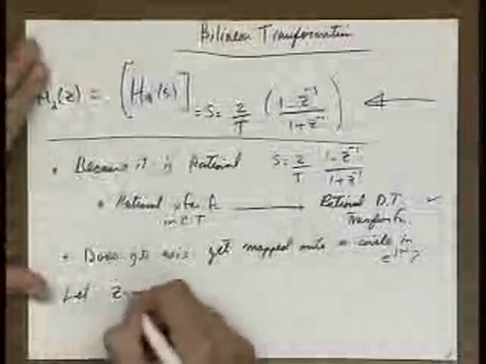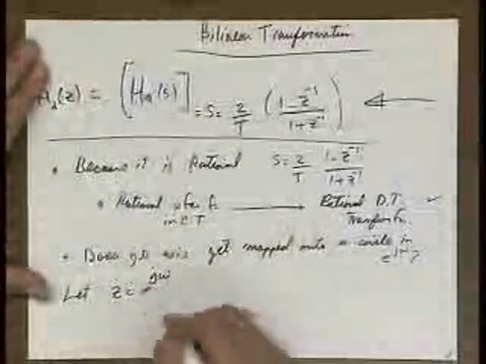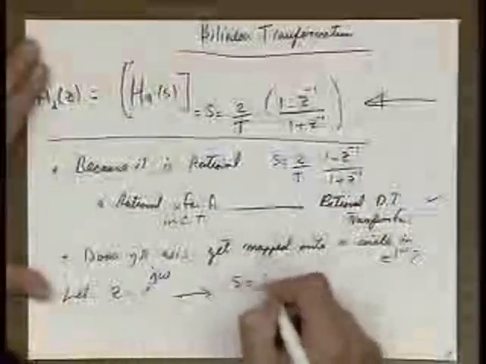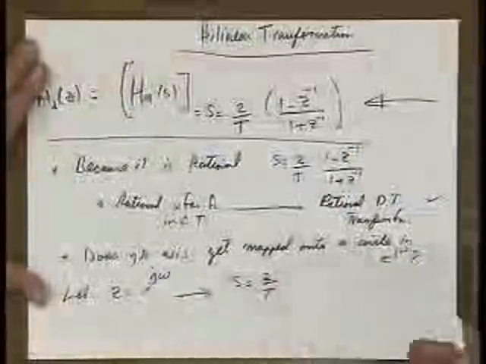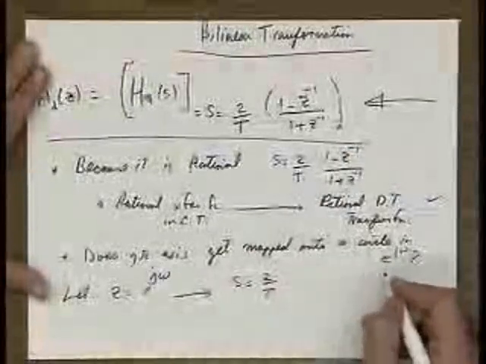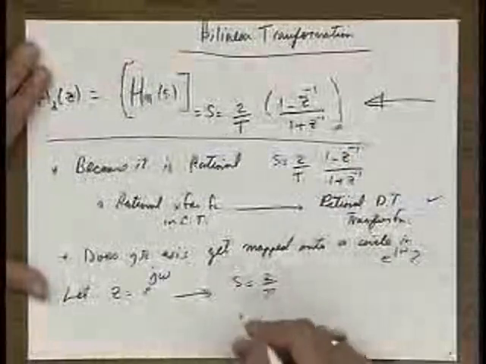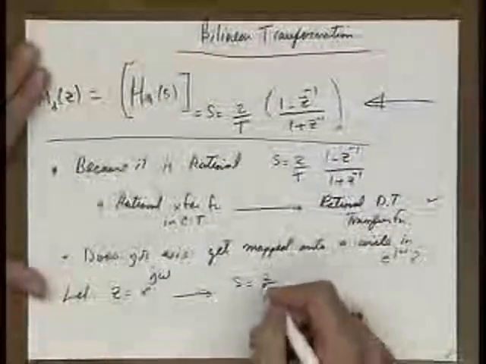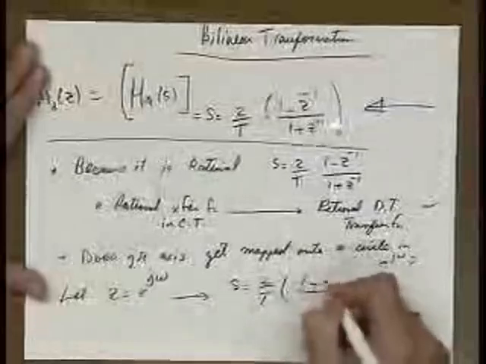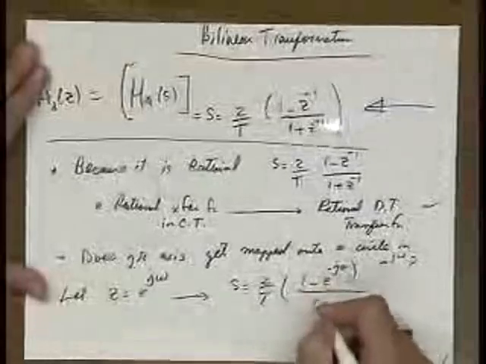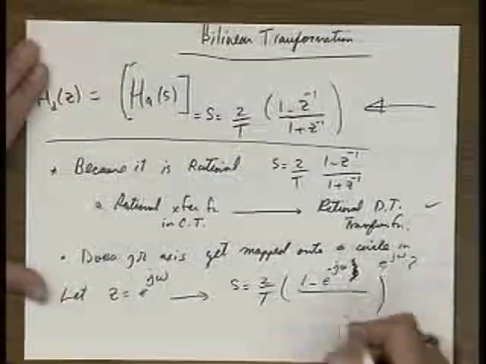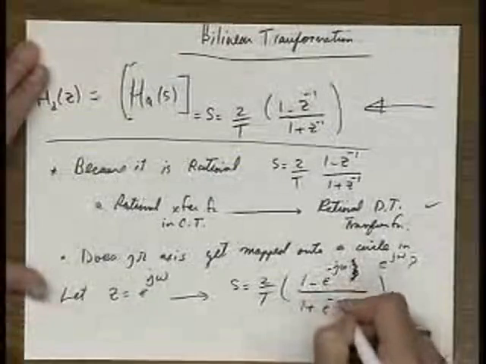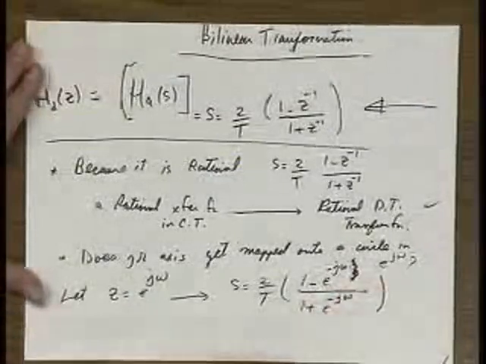So let z equals e to the j omega and plug that into this relationship. So you get s equals 2 over T. And by the way, T is some arbitrary parameter, and you'll see the effect of it in just a minute. So it's 2 over T, 1 minus e to the minus j omega over 1 plus e to the minus j omega.